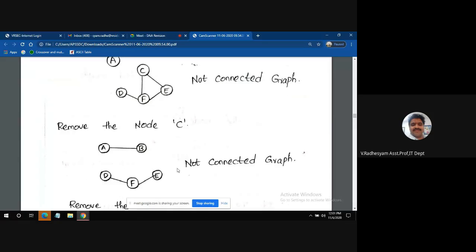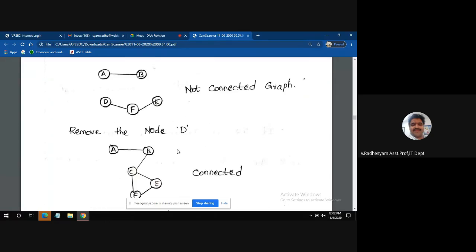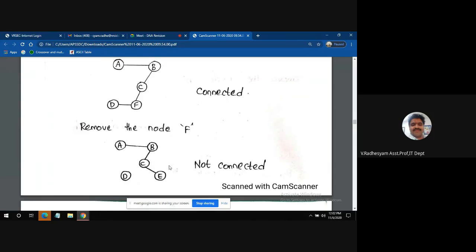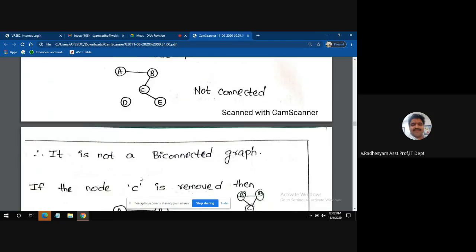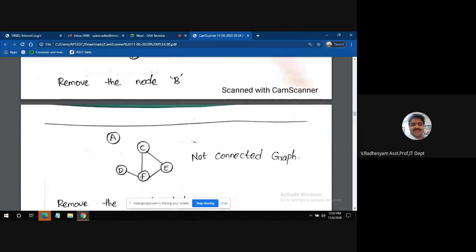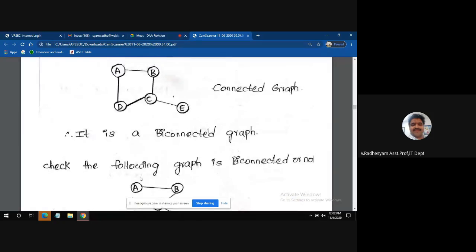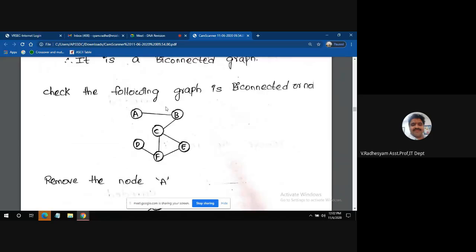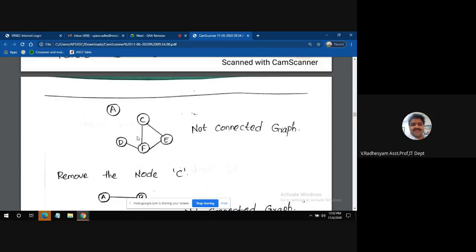If you remove C also, same case. If you remove D, it is connected. If you remove E, also connected. If you remove F, then also it is not connected. So this is not a bi-connected graph, because if you are removing some nodes in some particular places, it is not connected.